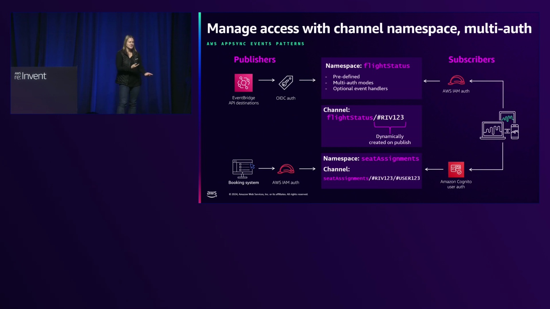So identity and access management authorization might fit best there. But for seat assignments, we might have a backend system that uses IAM to publish those updates out. And then from our subscriber side, we might want Amazon Cognito user pools because that's what our users are authenticated onto their applications with. So this gives you a lot of granularity in how you define both namespaces, the authorization for those namespaces, and any optional event handlers that you might need.